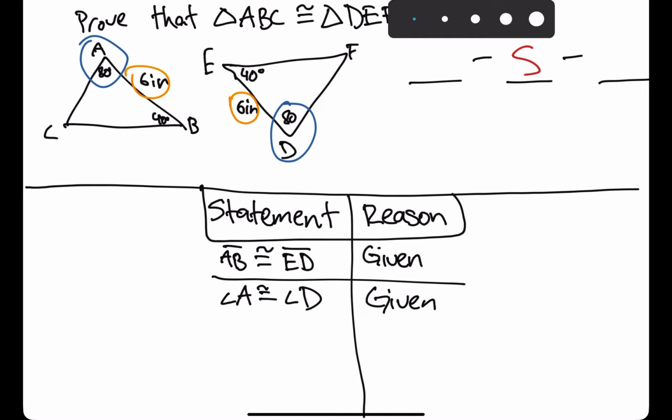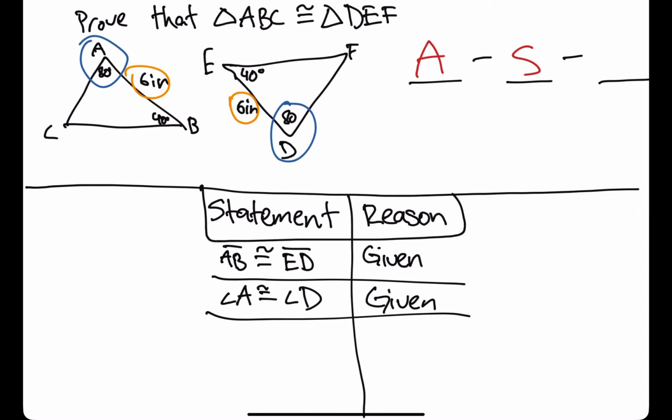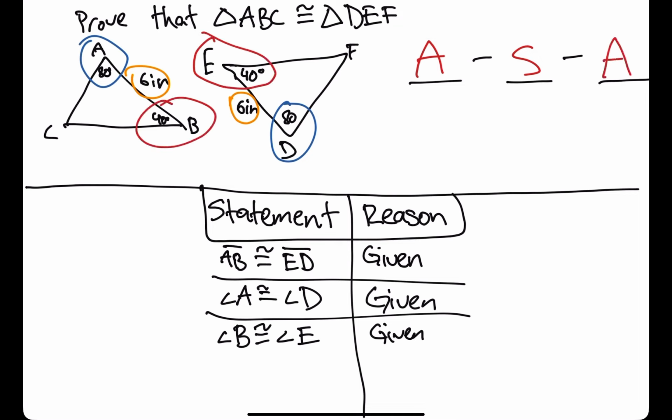Now great, we have one angle, but we need the other angle. So we can say that angle B is congruent to angle E. This is also given in the problem, because as you can see here, angle E is 40 degrees and angle B is 40 degrees. There, now we have our angle, side, and our angle.